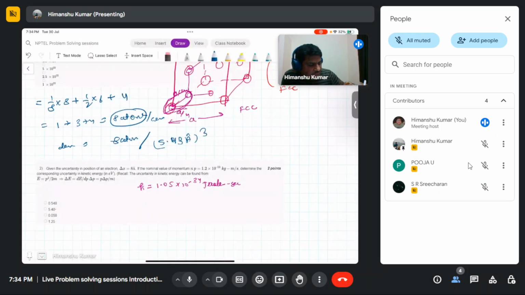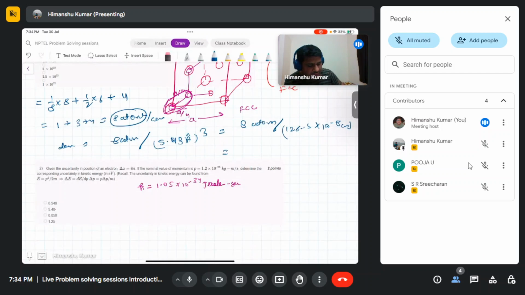If you convert into centimeters, since the density throughout this course will be described in centimeters, it will be around 1.126 into 10 power minus 22 centimeter cube.